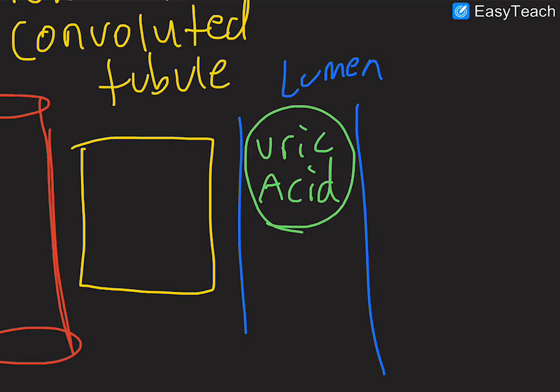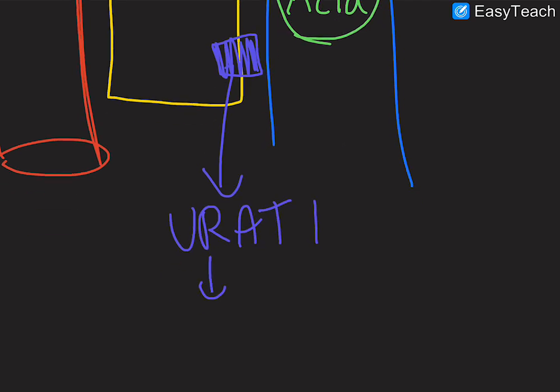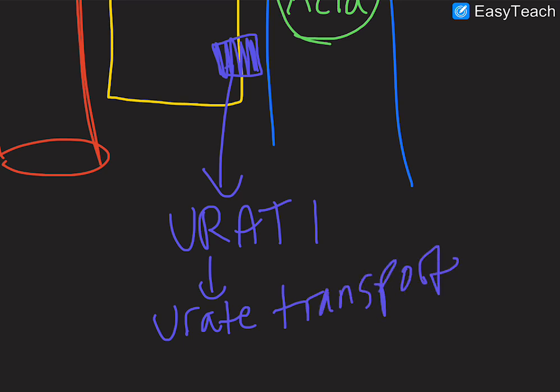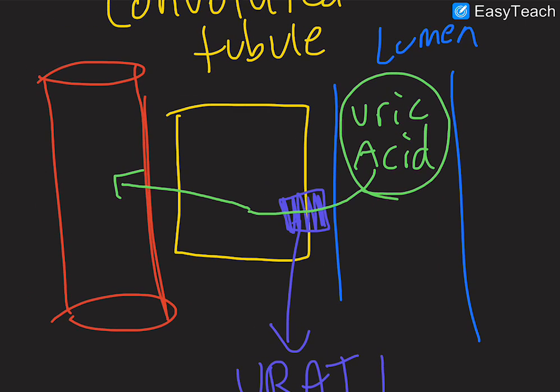On the lumen side of this tubular cell, we have a transporter called URAT1, a urate transporter type 1. What this transporter does is take uric acid and transport it, so ultimately uric acid can get reabsorbed into the blood.